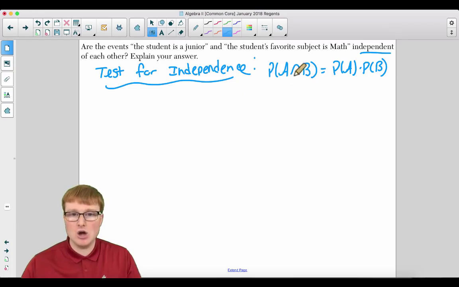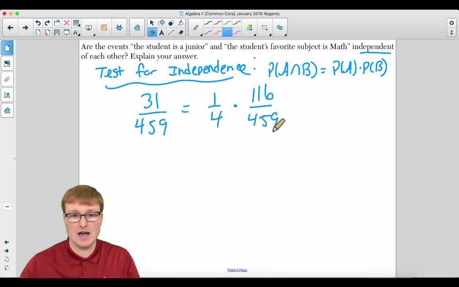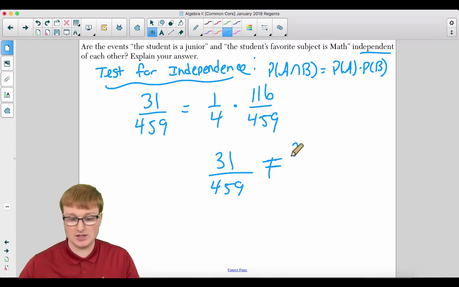So we know that the probability of A intersection B is 31 over 459. That is going to equal the probability of A, which is 1/4, times the probability of B, which is 1/16 out of 459. When you multiply these together, we get 31 over 459. That does not equal, and when you type this into your calculator, you get 29 over 459.